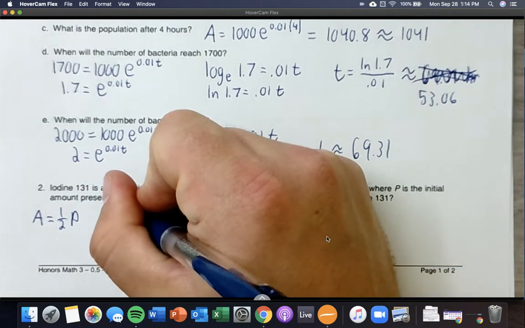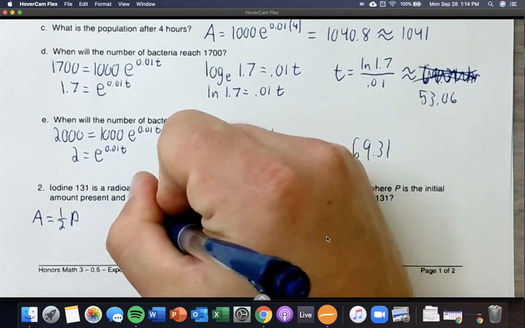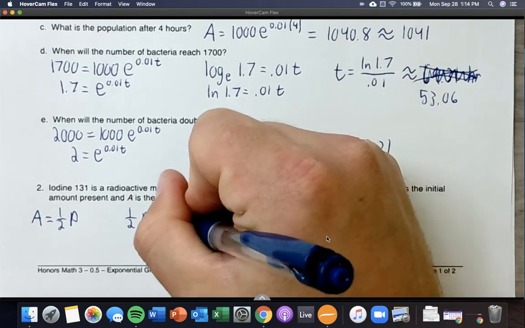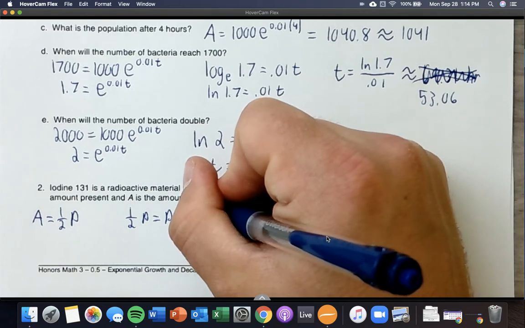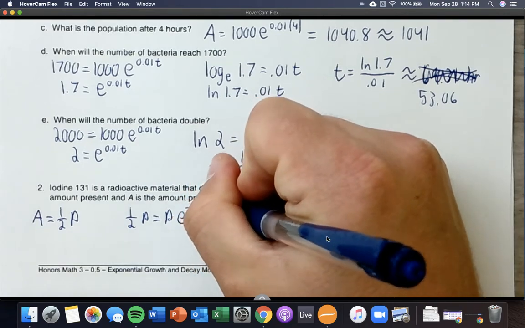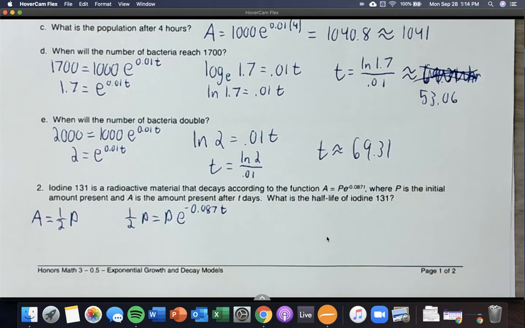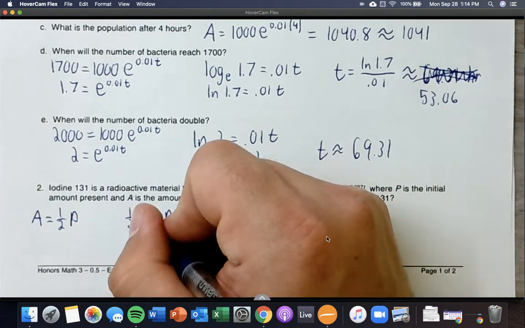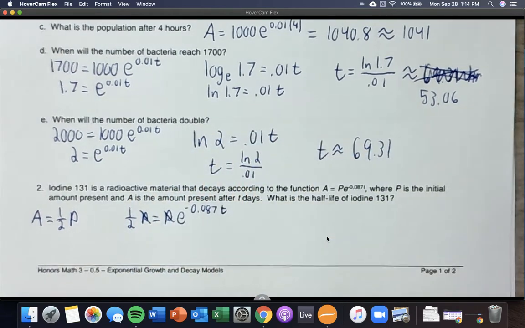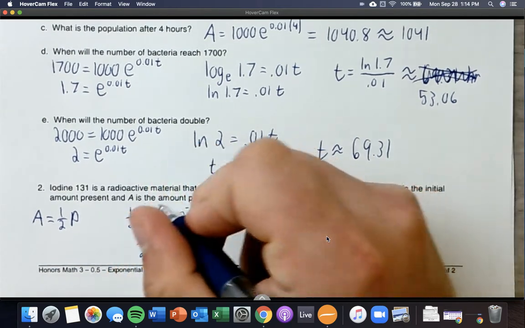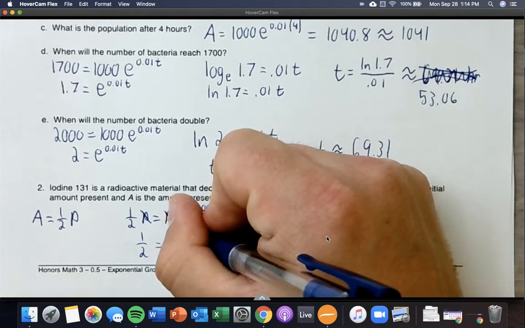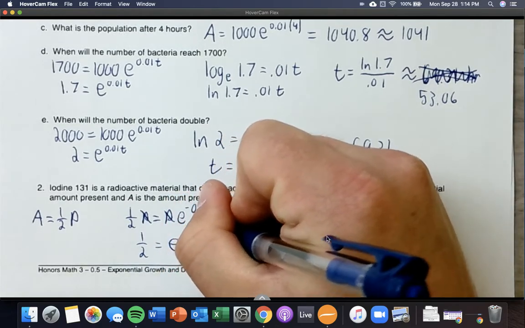We can rewrite it like this: 1/2 P is equal to P times e to the negative 0.087 t. These P's are going to cancel out, we can divide that out, and we end up getting 1/2 equals e to the negative 0.087 t.